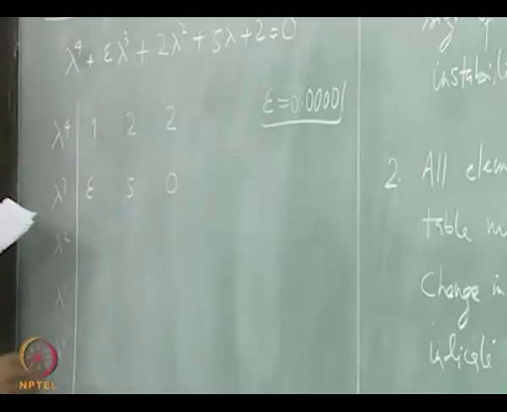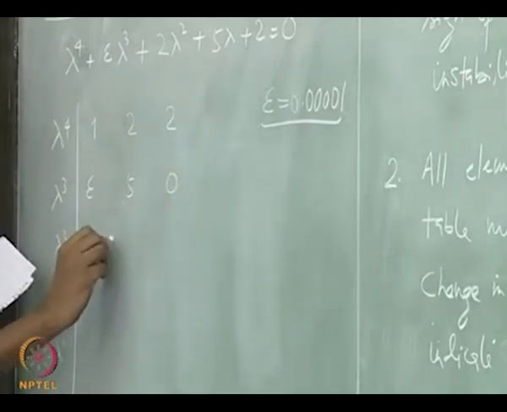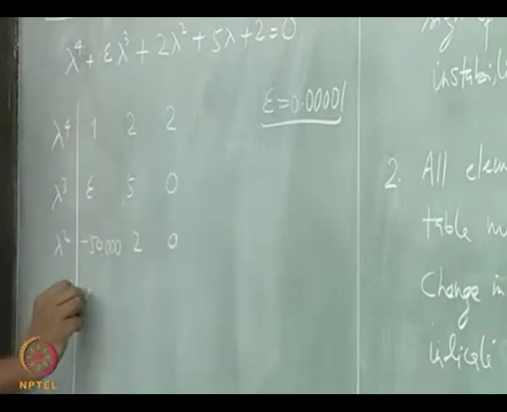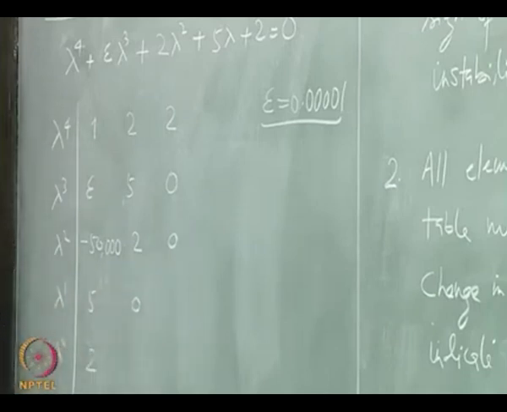With this value of epsilon, what you get is this. And this limit is from the positive side.